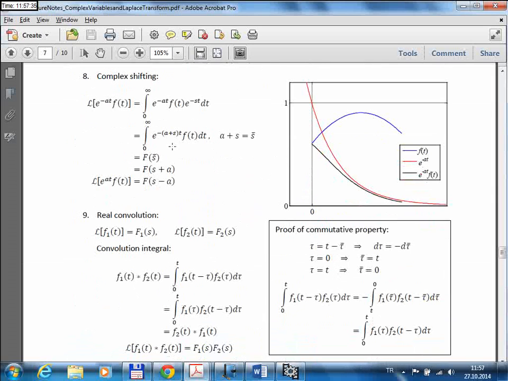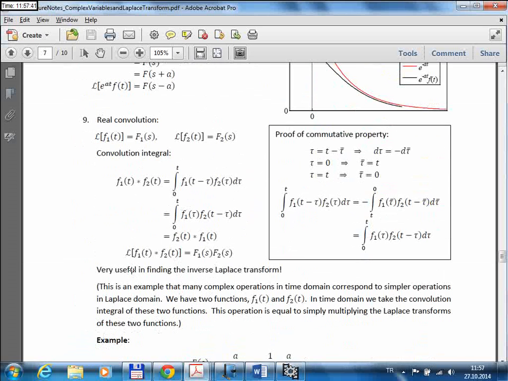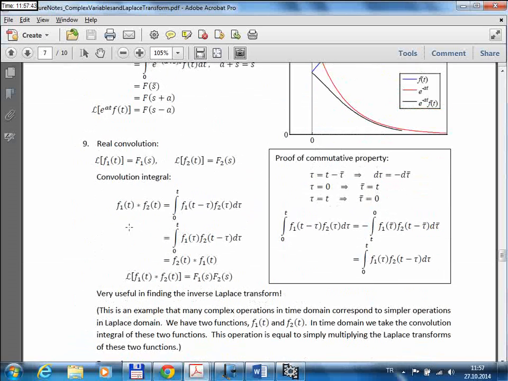And then we talked about complex shifting. And then the real convolution property. So in this property, if you have two functions, let's say f1 and f2, and you know the transformations of these two functions as capital F1 and capital F2.